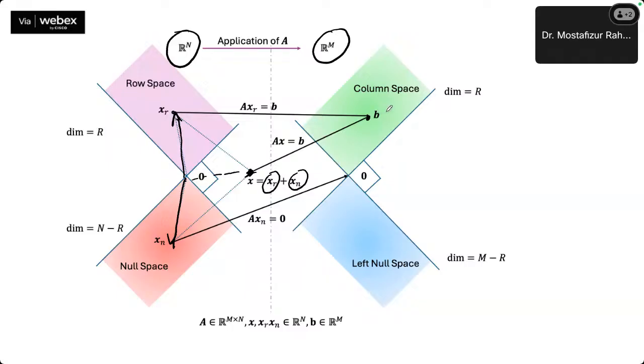So that's basically b. It has two components: Axr equals b, and Axn equals 0, because by null space definition, Ax equals 0. And for which component do you get the 0? Only for the xn component you get the 0 value, because x has two components, xr and xn.